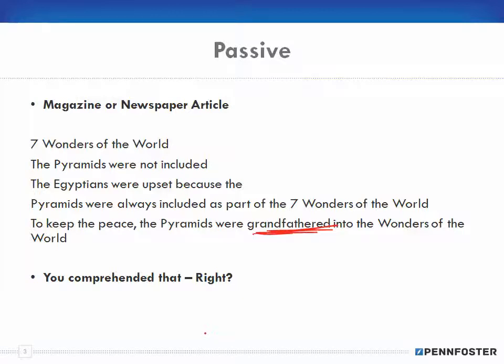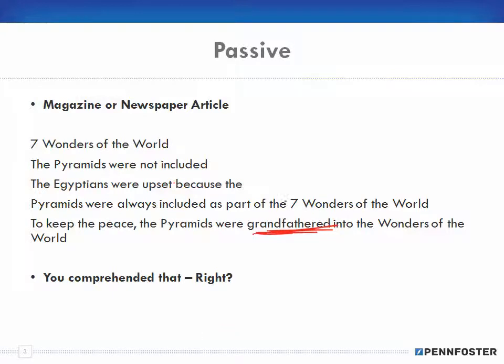Now, if you're passively reading that, yeah, you're familiar with wonders and pyramids and Egyptians. That's comprehension. That's like reading a newspaper, People magazine, the Star, the National Enquirer. But if you're actively reading, you're asking questions. Your mind is trying to find the answers while you're reading. You're using the body of knowledge that's in the back of your head.